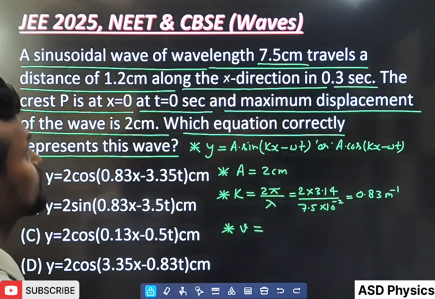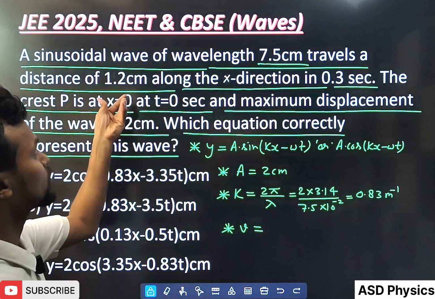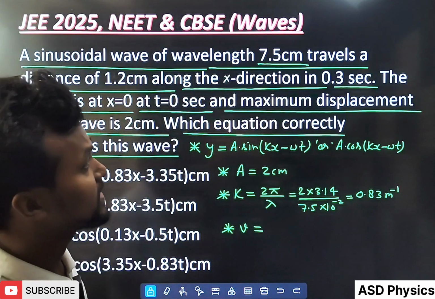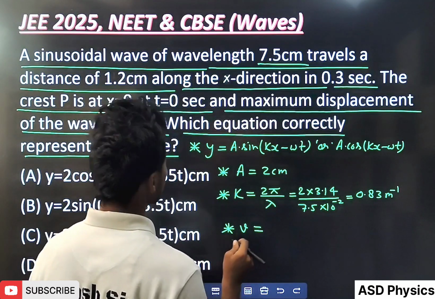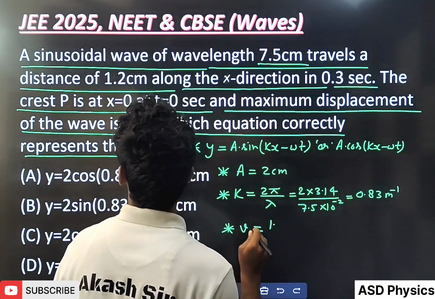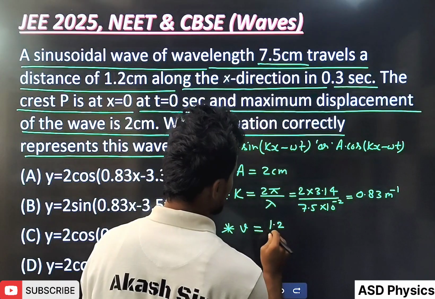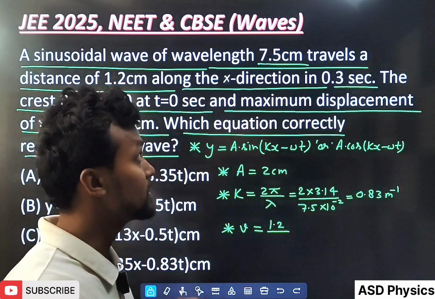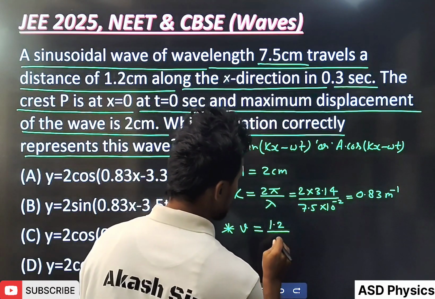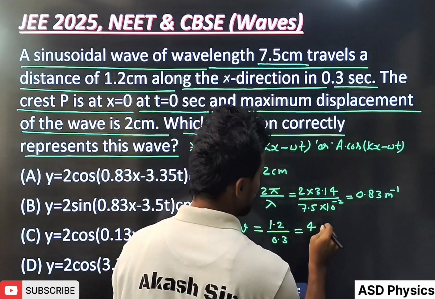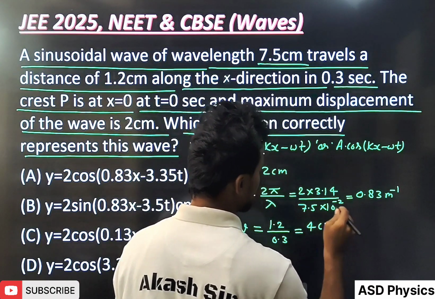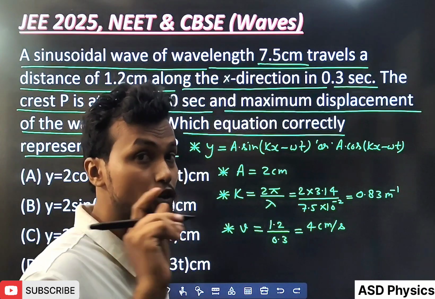So to get the speed, what they are telling is 1.2 centimeter along x direction in 0.3 seconds. Speed means distance by time. So distance given here is 1.2 centimeter, and time is 0.3. So 1.2 by 0.3 will come 4 centimeter per second. This is the speed of the wave.